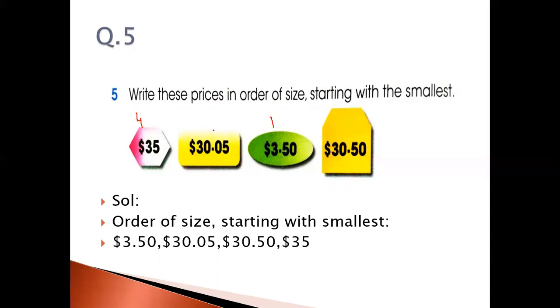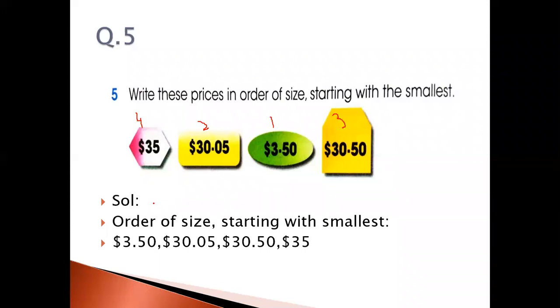Here at the tenths place there is 0, and here at the tenths place there is 5. Of course, 0 is smaller than 5 at the tenths place. So $30.05 is the second one, and $30.50 is the third one. In this way, we can arrange roughly with a pencil.